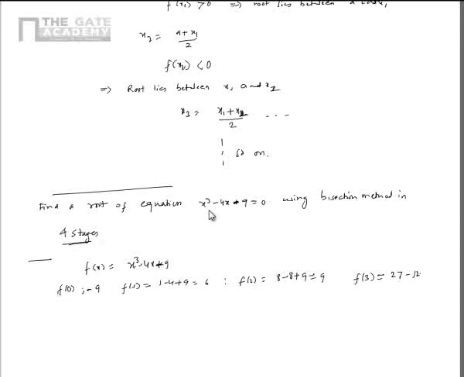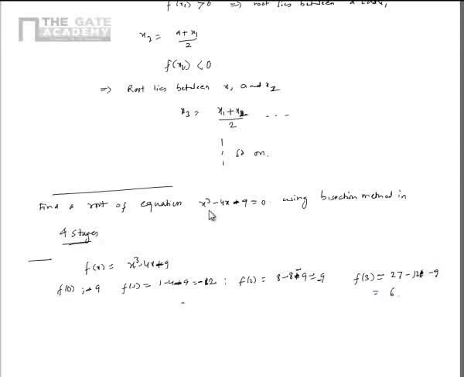When you substitute, 27 minus 12 minus 9 is equal to 6. This is positive.